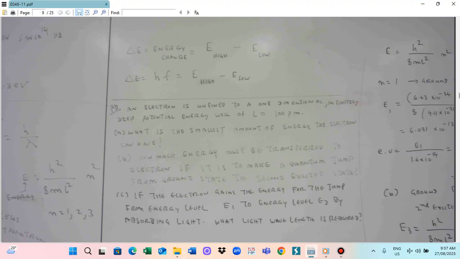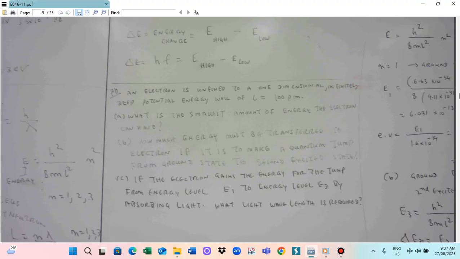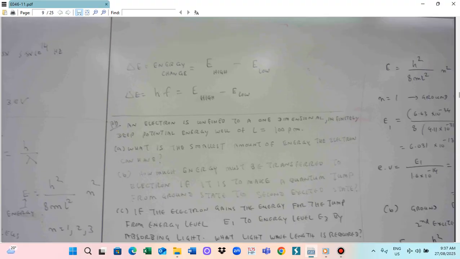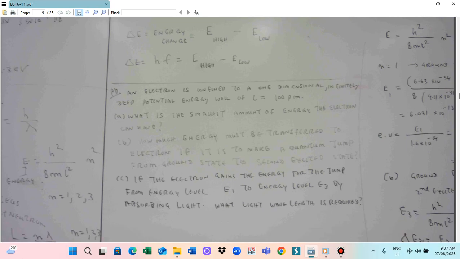So that is how we can calculate the energy level of the electron. L is equal to n lambda over 2. Lambda is the wavelength, n is 1, 2, 3, the path number. So from here you can calculate L, and depending on the number n, we can calculate the energy absorbed by the electron to move around the nucleus.